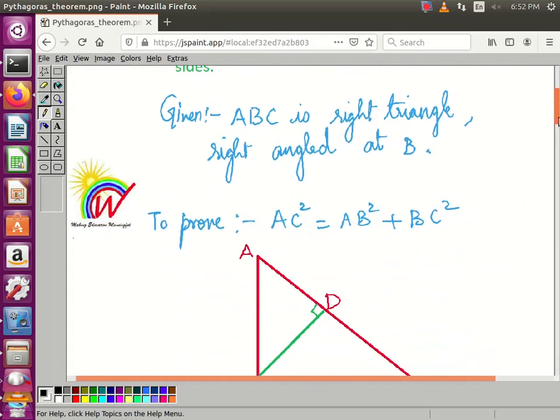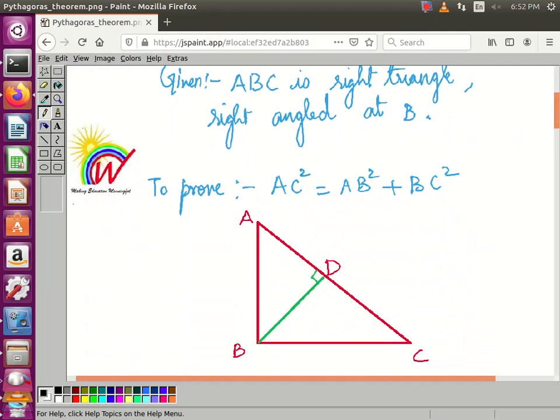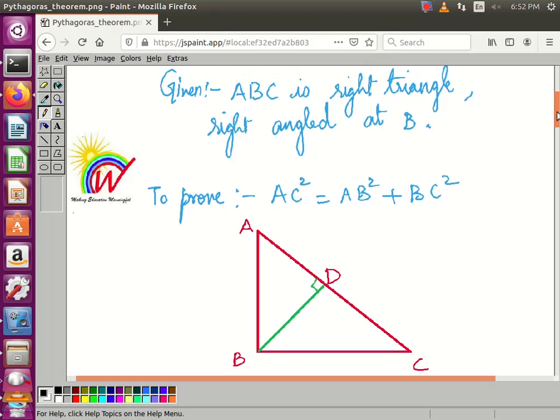So first let's write down what is given to us. We don't have anything in particular, we just know that it's a right triangle. So we say that there is a triangle ABC which is right angled at B, because we need to tell where exactly the 90-degree angle is. Okay, because that is what decides where our hypotenuse is.